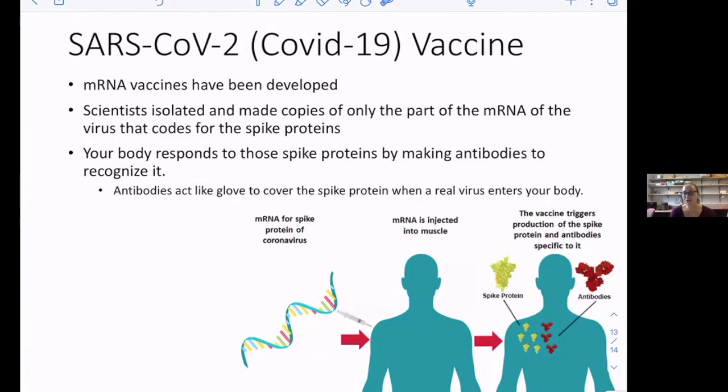So overall, what this means is that, yes, there is part of the coronavirus mRNA that can code for a part of the coronavirus, but the rest of it, that codes for the reverse transcriptase or the protease, all of that stuff that's absolutely required for the replication and the life cycle of the coronavirus, is not included in the vaccine.